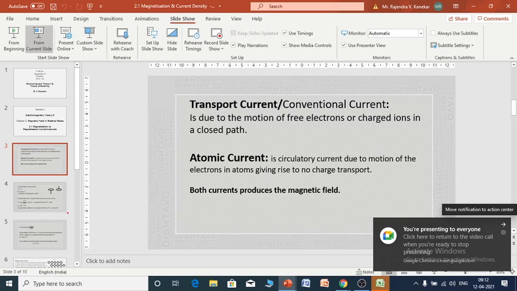Because in a very small volume, all the atoms may have the magnetic moment in the same direction. So we take a limiting case, delta V tending to 0, which means it is a volume element. The magnetic moment divided by volume is called the magnetization. So this you have to keep in mind. Magnetization is the total magnetic moment divided by volume. So the total magnetic moment is equal to magnetization into the volume.